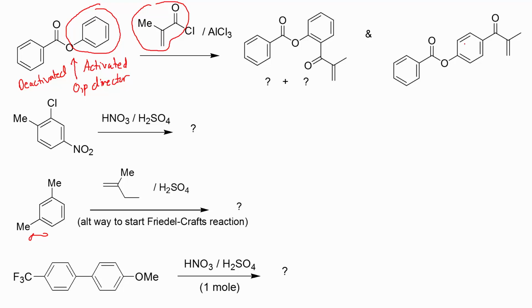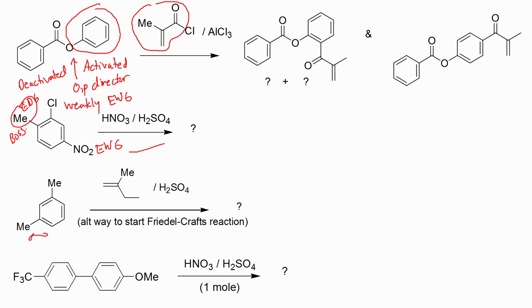Okay, this one we have 3 groups. We have an electron withdrawing group, a weakly electron withdrawing group, and an electron donating group. Therefore, this one is going to be our boss group.